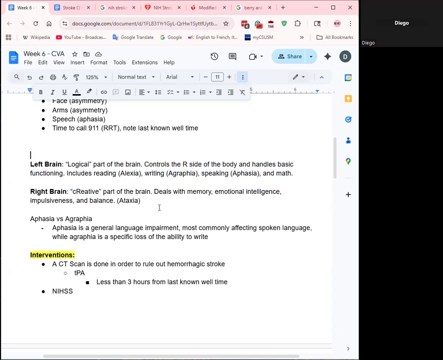And then when it comes to left versus right-sided stroke, that's going to come with opposite side weakness. So if you have a left-sided stroke, you're having issues reading, writing, speaking. You would also be having right-sided weakness. If you have a right-sided stroke, this patient would have instead left-sided weakness.